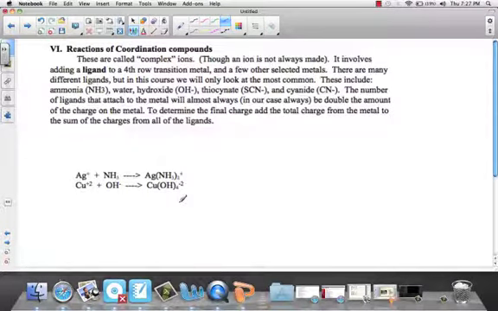Reactions of coordination compounds. This is going to be new for you. These are called complex ions. We'll address them later on in another unit as well. It involves adding a ligand to a fourth row transition metal and a few other selected ions.